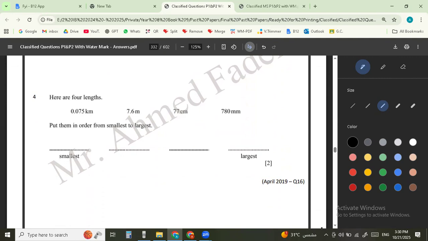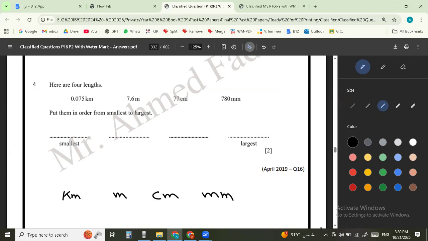How? First, I need to make sure that all of them have the same unit. So I'm going to remind you of something that you took in year 6, which is the conversion between the units. How can we do that? If I have here kilometer, and I have here meters, centimeters, millimeters, and I want to convert between them. If you want from kilometer to meter, you multiply by 1,000.